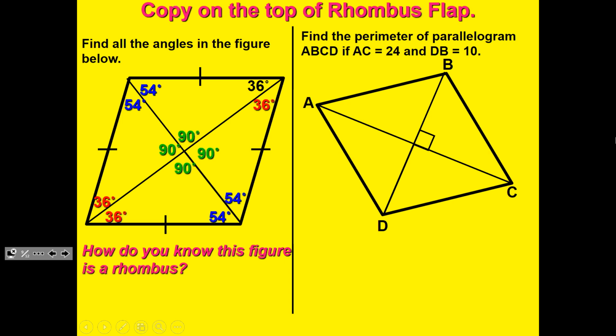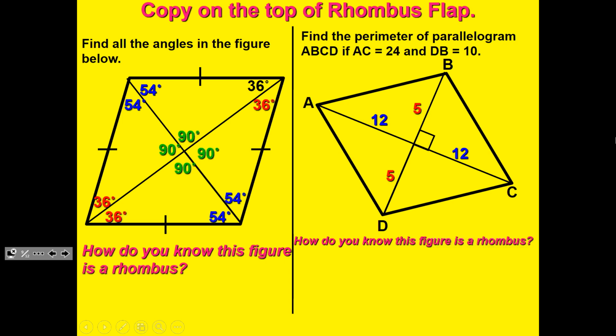What do diagonals do? Bisect each other. So if AC was 24, what is each piece? Right. Okay. So we got 12s and 5s for each piece because of that rule.